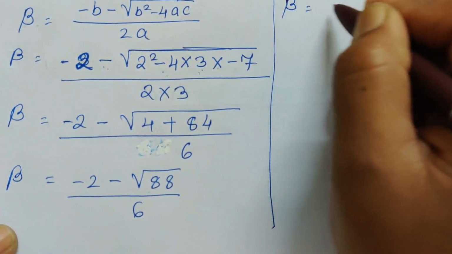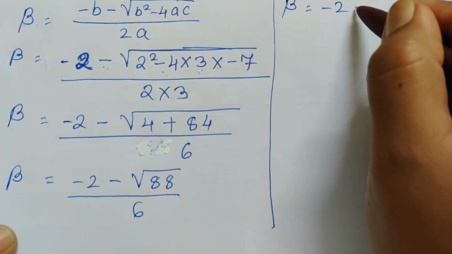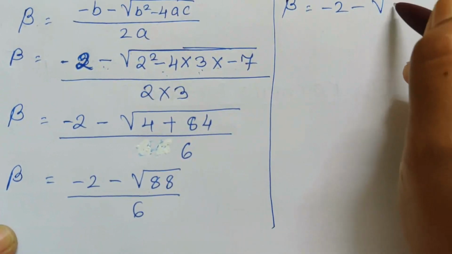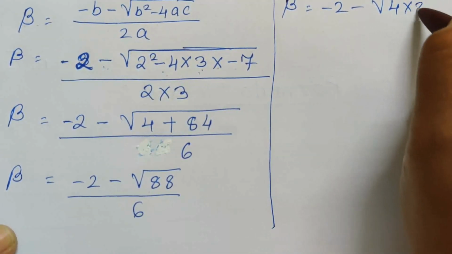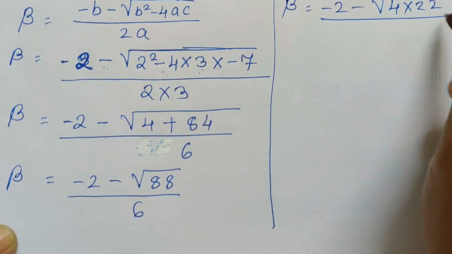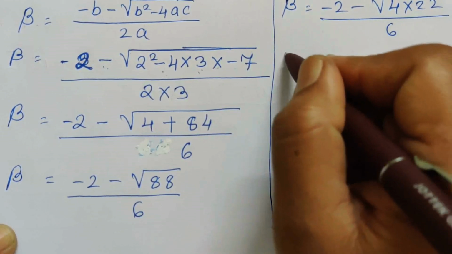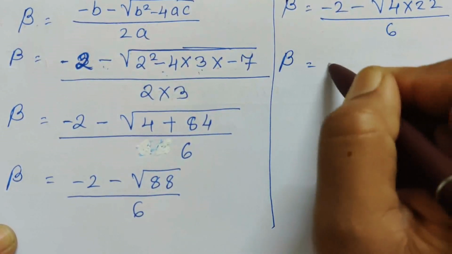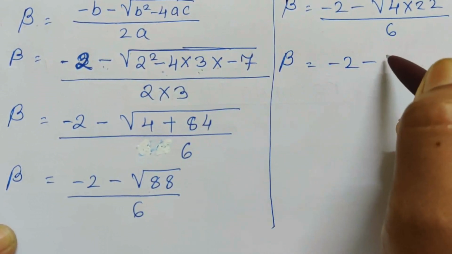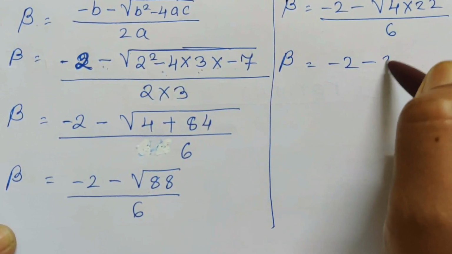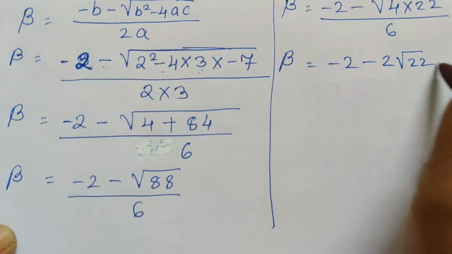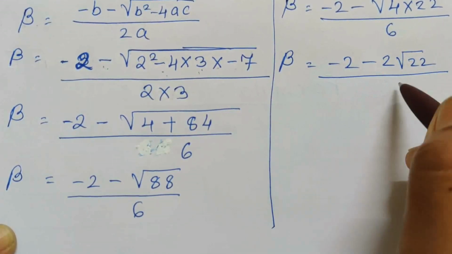Beta equal to minus 2 minus, factors of 88, we are taking 4 multiplied by 22 upon 6. So you get beta equal to minus 2 minus square root of 4 is 2 under root 22 upon 6.